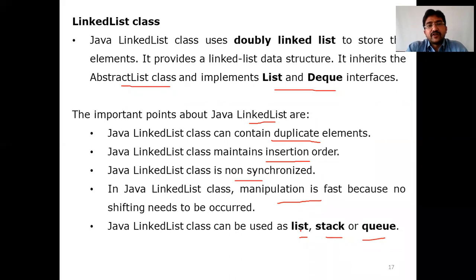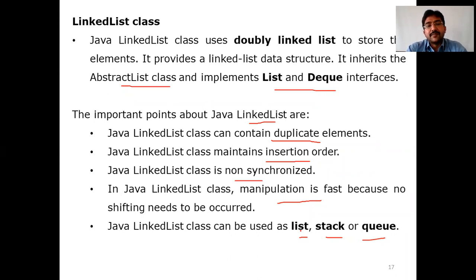Both have duplicate elements, both insert in insertion order, and both are non-synchronized. Manipulation in array list is slow, because when any element is removed, shifting takes place, which is more complex. But here manipulation is fast because there is no shifting concept. In array list, we can implement concepts like hash, or we can use the vector concepts there.